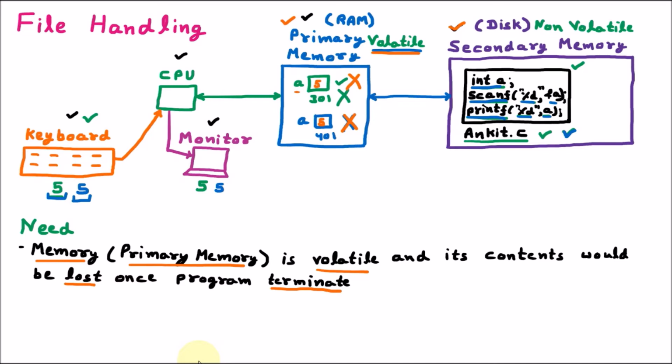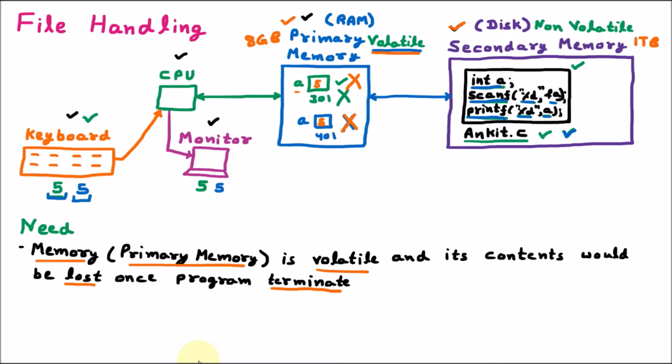But primary memory is, let's say, 8 GB. We know that a terabyte is larger, so inside the secondary memory we can store much more data, but in primary memory the space is limited.